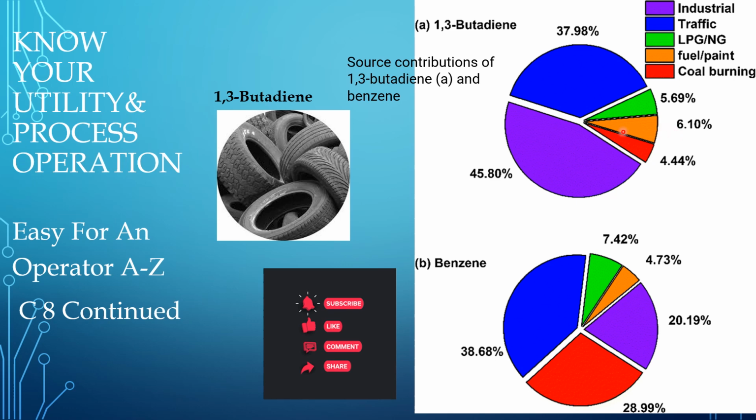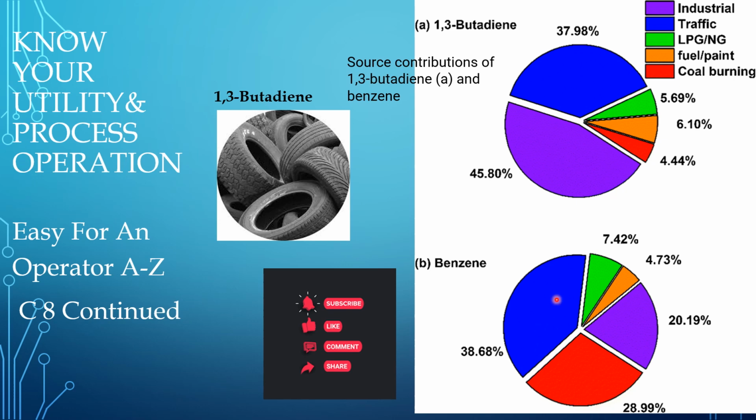This percent is from paint and fuel usage, and this is from coal burning. So these are the 1,3-butadiene sources listed in this circle.